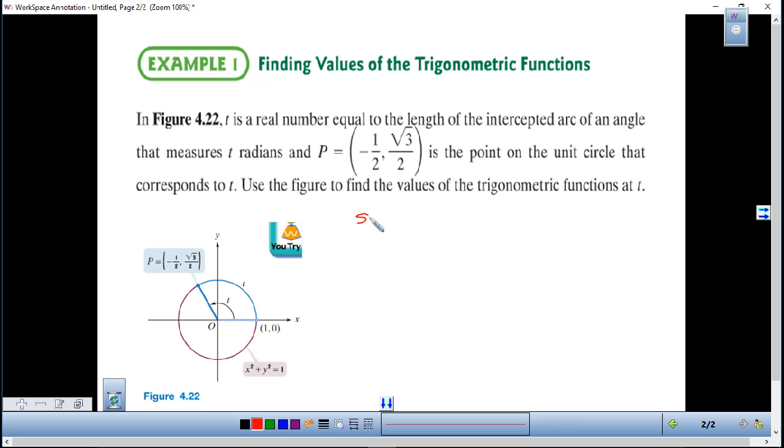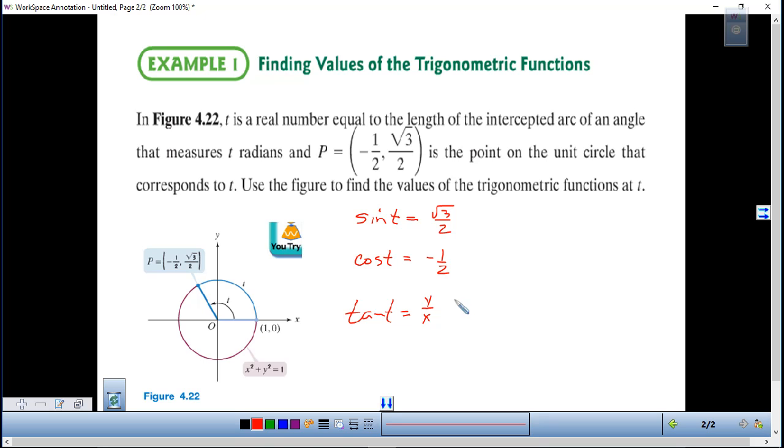Alright, so we've got sine of t is going to equal the y value, so the square root of 3 over 2. Our cosine t is going to equal our x value, which is -1/2. And our tangent t is equal to the sine over the cosine, or as remember in that last thing you wrote down, y over x.